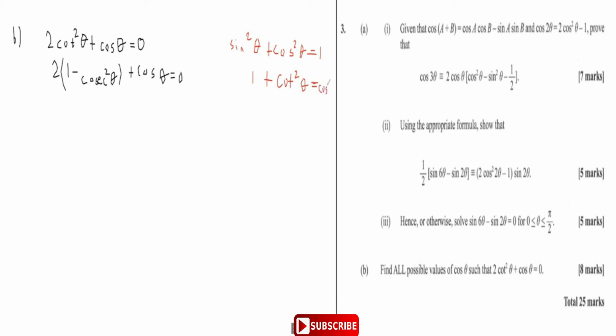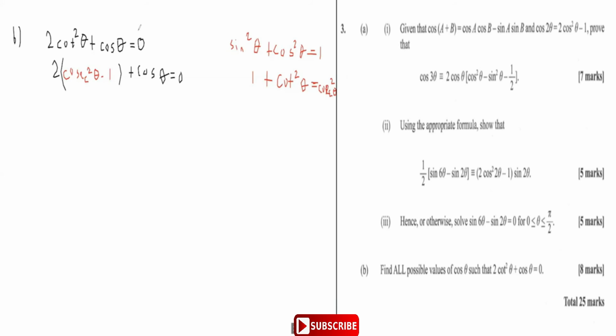This is how they develop this identity. Then you transpose for cot squared, and make cot squared the subject, it's actually cosec squared minus 1. So it's a good thing I looked back at it, I made a mistake right here. It's actually cosec squared minus 1, so let me refill that with cosec squared minus 1. My apologies there. But all of these identities stem from the idea of sine squared plus cos squared is 1.